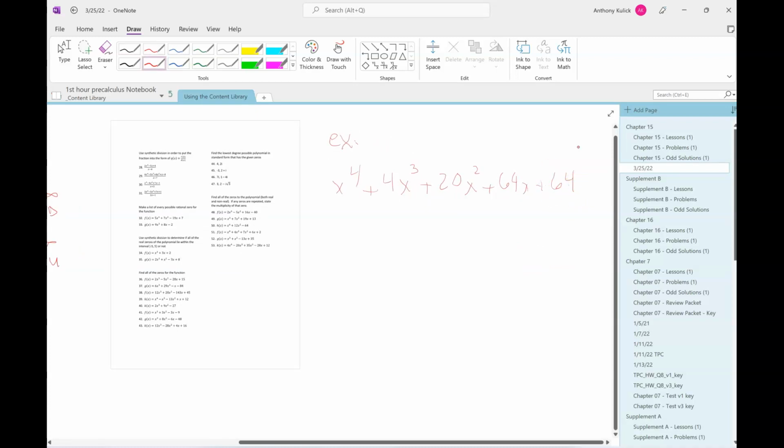Okay, so I just made up this problem as an example. So I know that this should have 4 zeros exactly, right? And my possible rational zeros are just going to be the factors of 64 divided by the factors of 1. So the factors of 64, plus or minus 1, 2, 4, 8, 16, 32, and 64.